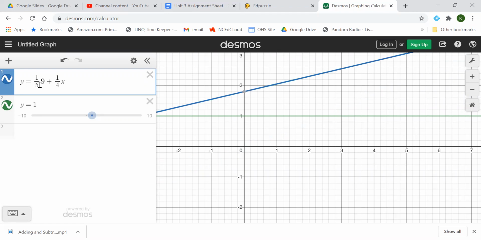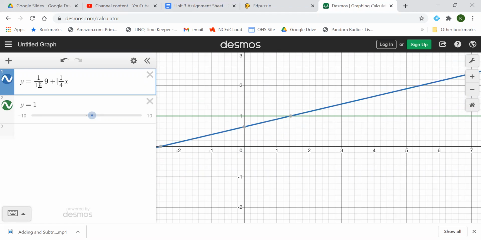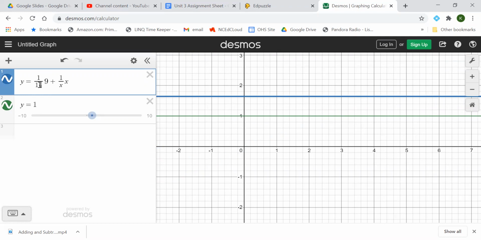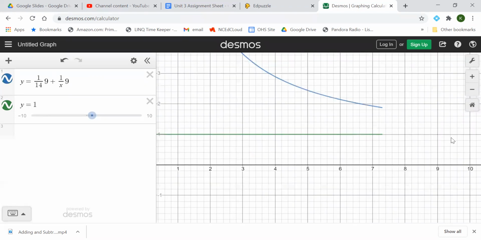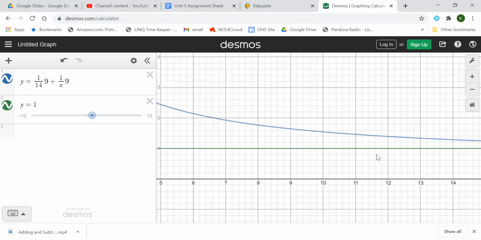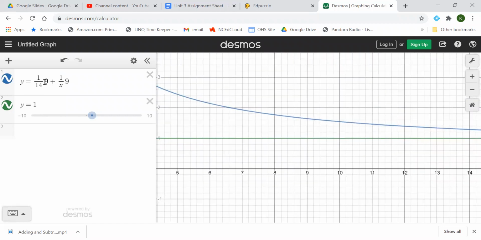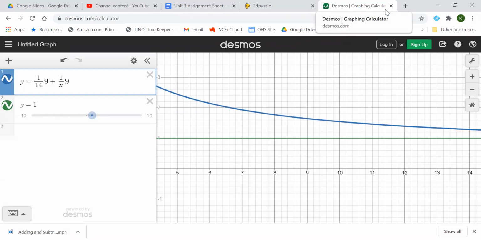We've got 1 over 14 times 9 plus 1 over x times 9, and it equals 1. All right, and the parentheses don't matter. I just put them there just in case any of you were typing it in. You could have it without the parentheses.